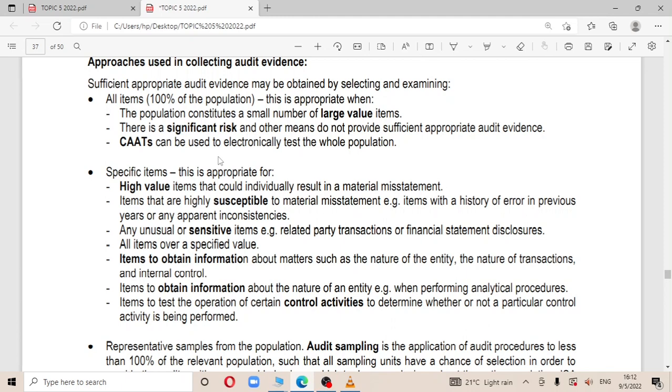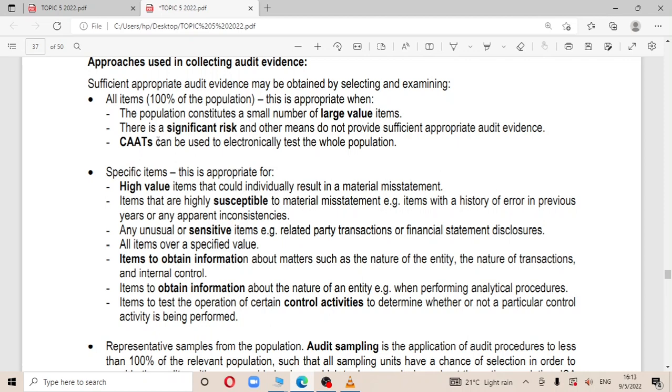that are like related party transactions between the business and its employees. You can also obtain information about matters such as nature of the entity, nature of the transaction, and internal controls. Then you find that as per the nature of that entity, that item is risky, so you can sample it.